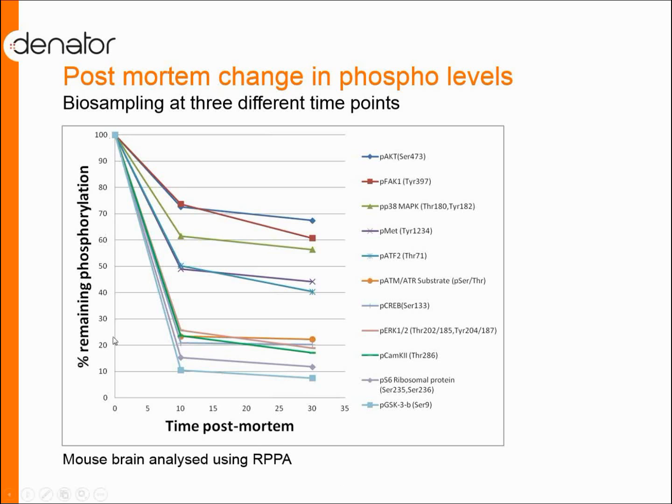What we're looking at here is a postmortem time series, where we have 0 and then 10 and then 30 minutes postmortem time at room temperature, and we're following these 11 phosphorylations, and as you see, there's one group of them that very rapidly loses pretty much all phosphorylations. Some fare a little better, but nonetheless, it's a marked reduction compared to the initial levels.